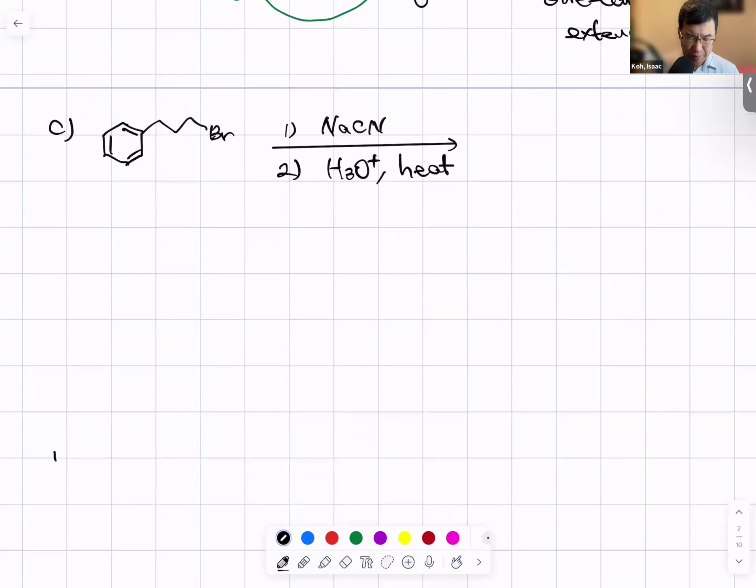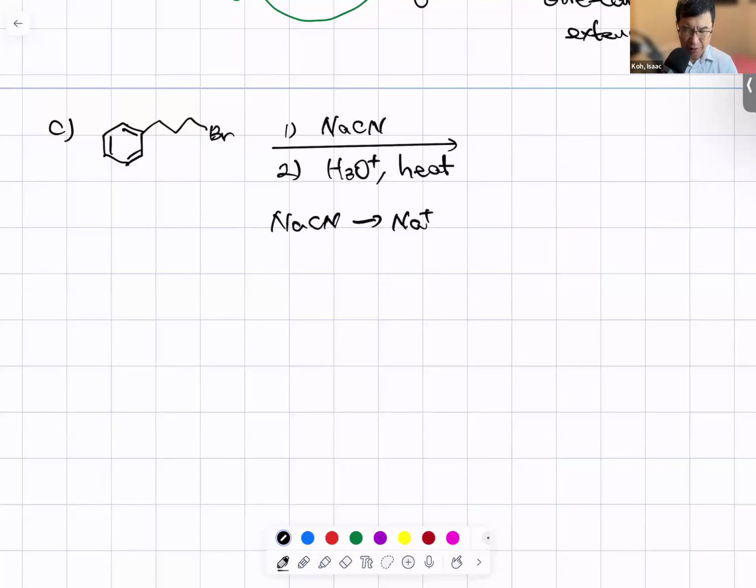Now let's see the same reaction condition, but instead of Grignard reaction, let's think about an SN2 reaction. Here, sodium cyanide is completely dissociated, forming sodium cation, which is a spectator ion, plus cyanide ion.